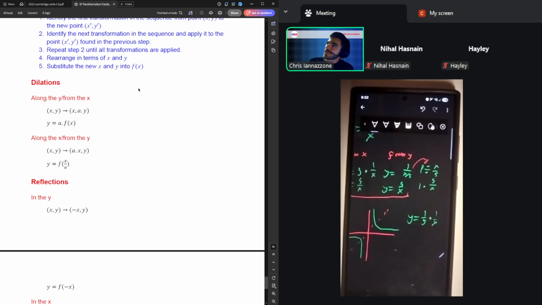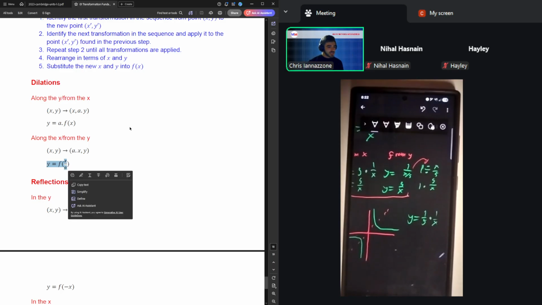Oh, actually, I think I know what you mean. Because you're thinking 1 over x, and then you're dividing by 5, when it's f of x divided by a. So that notation there, if you look at the screen share, does not say divide your function by a. It says divide the x variable specifically by a.